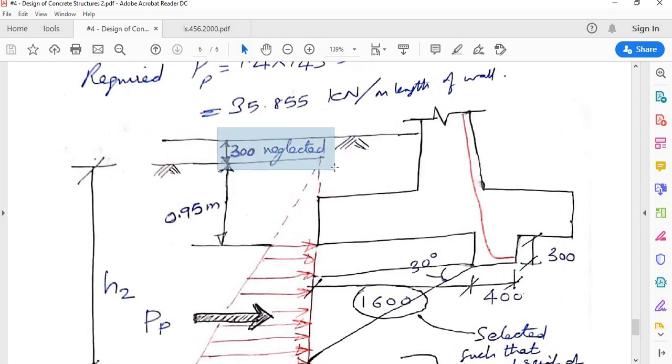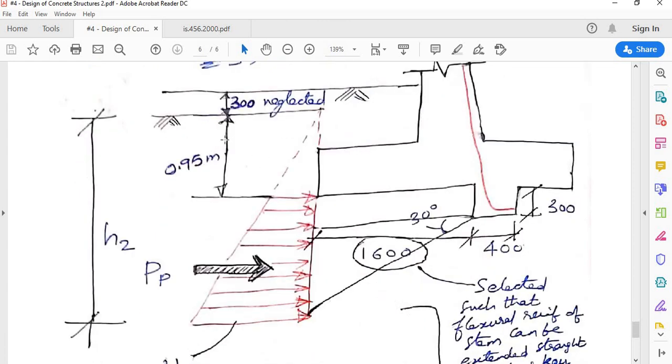We have seen this also. The top 30 centimeters are neglected because it's loose soil, and what is counted is from this level, the bottom of the base slab, to a triangle which makes an angle of phi. Phi in this problem is 30 degrees, and it abuts like this. This length we know is 1.6 meter. So when you have this angle, automatically this depth is fixed by trigonometry.